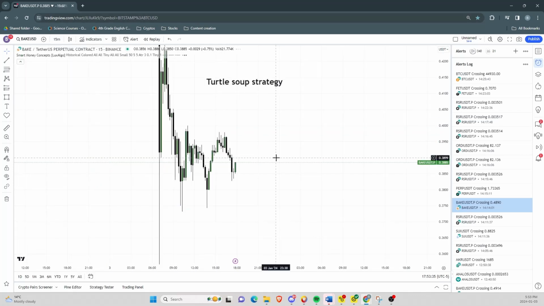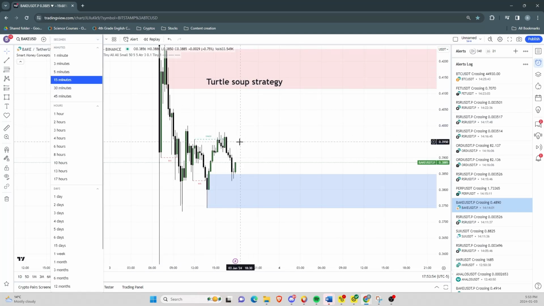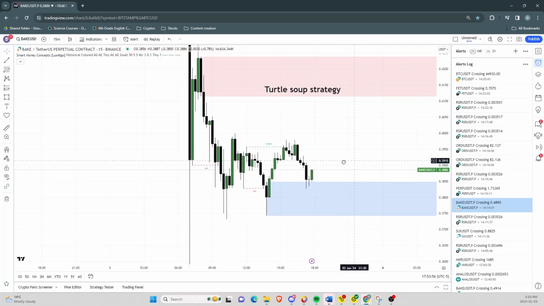You have to go to the 15 minute chart, by the way. That's where you get a proper indication and proper support and resistance levels. That is the best place to find support and resistance. If you go lower or higher, you would be able to trade the 5 minute chart, right?